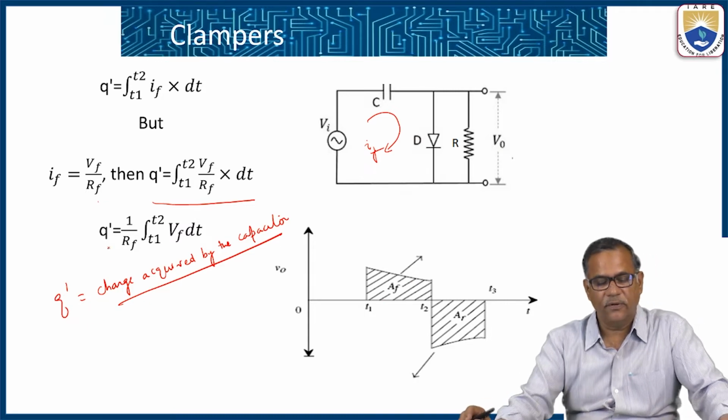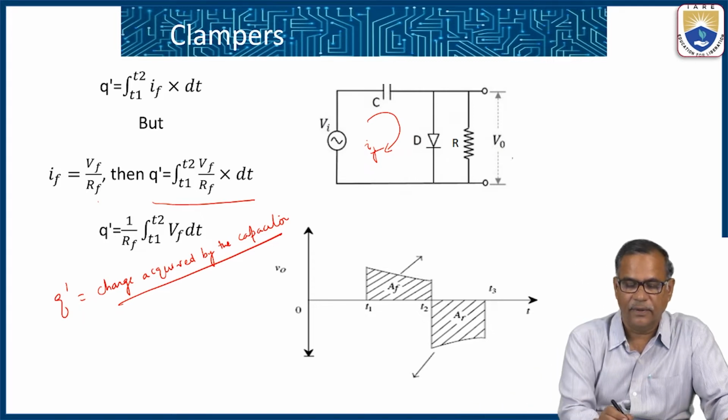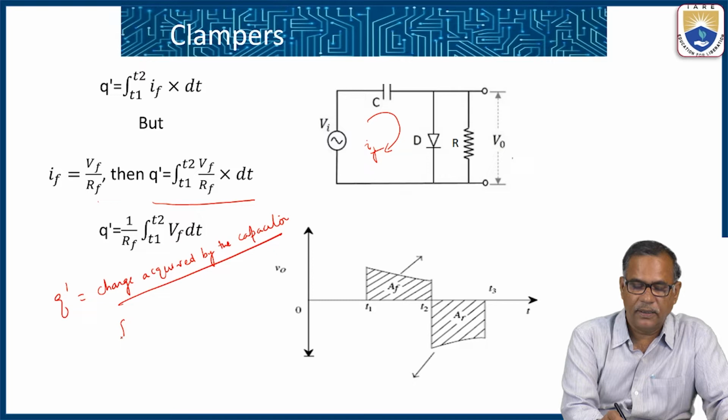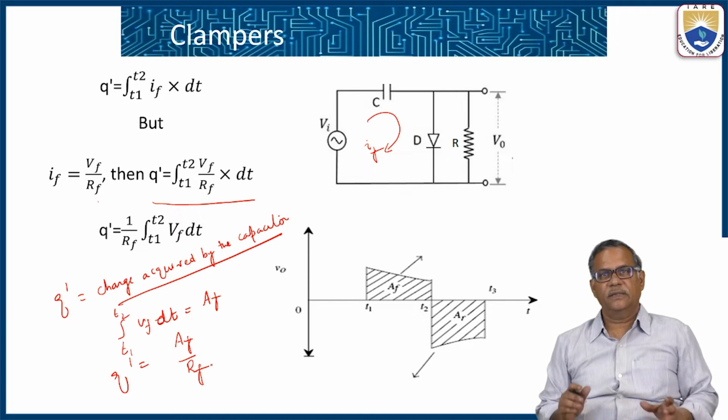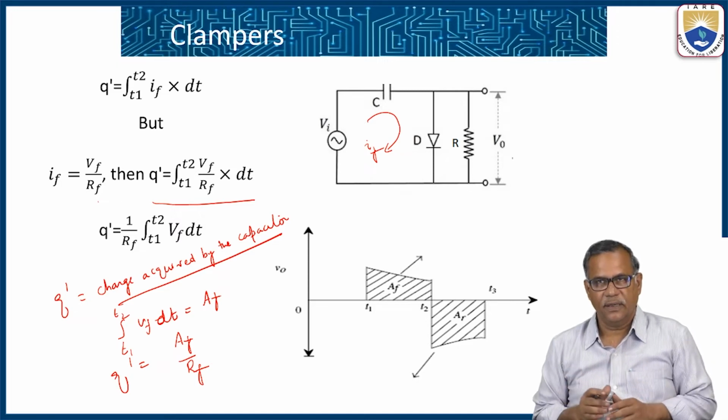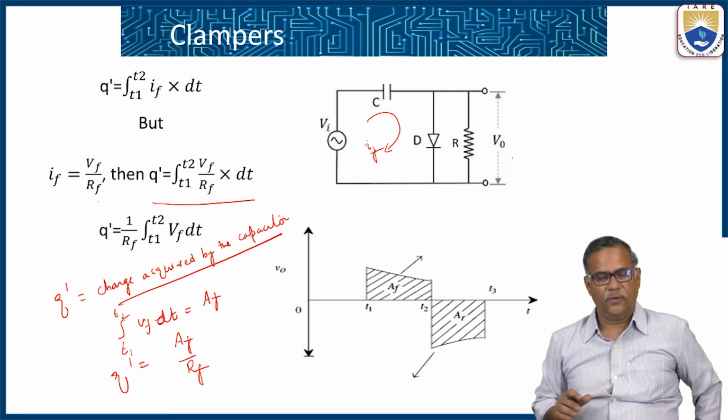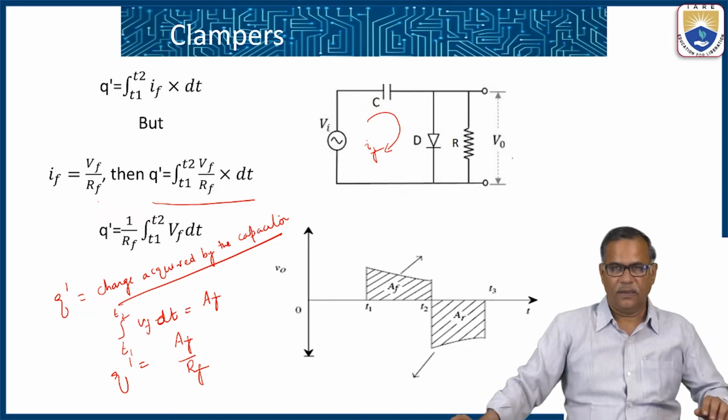So Q dash is equal to AF by Rf. Q dash is the charge acquired by the capacitor.